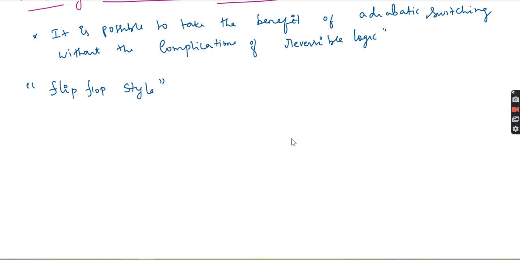So the flip-flop style adiabatic charging logic gate is nothing but a gate where we are going to implement the NAND function.